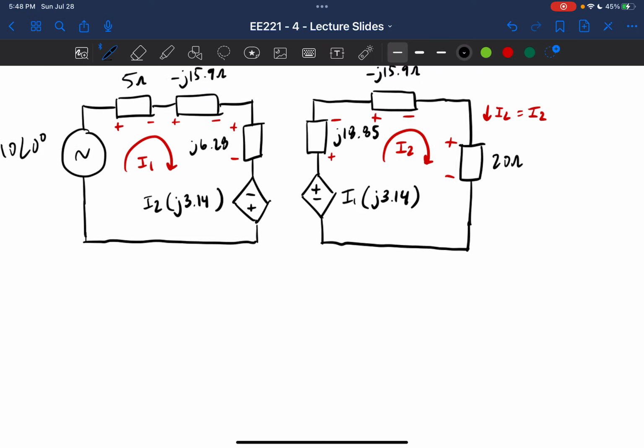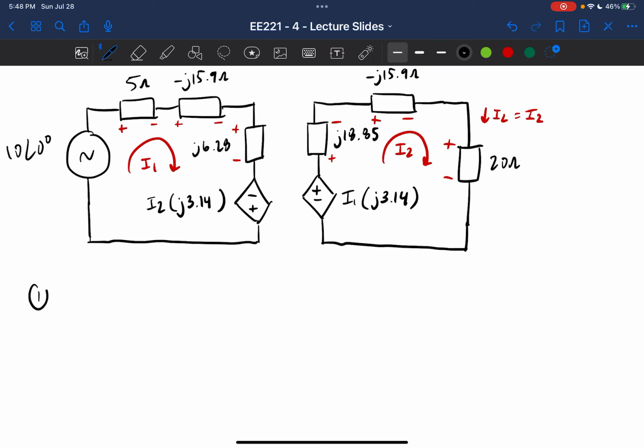And what I want to do here is write an expression for the first loop. So I'll go 10. I'll drop the angle 0, of course, because that's just going to be 10 in rectangular. Then I'll go minus I1 times, and I've got a series impedance here, right? I've got 3 different impedances: 5, then minus j15.9, then plus j6.28.